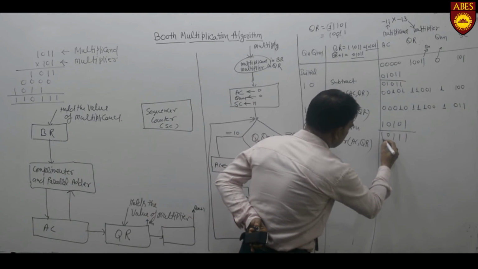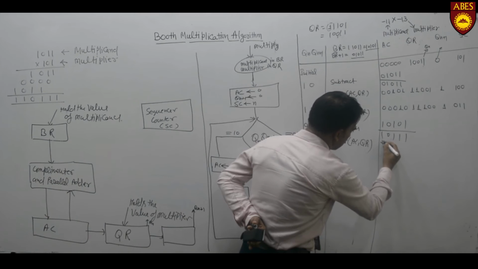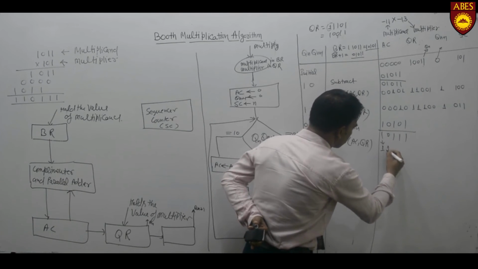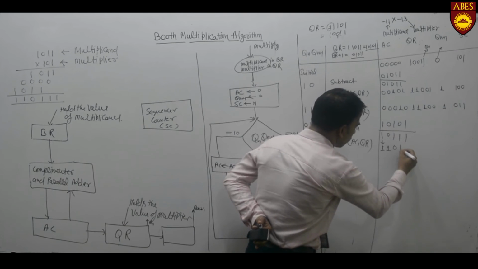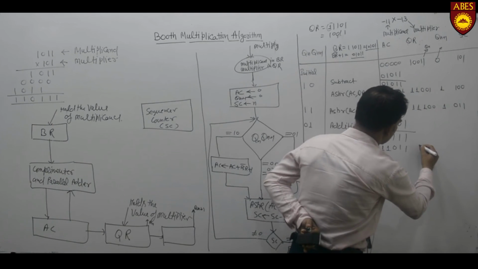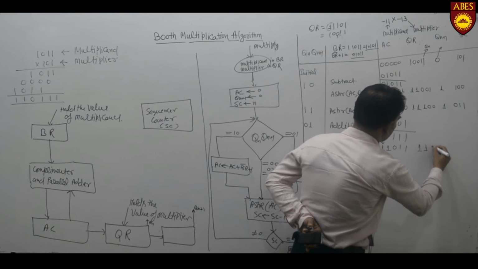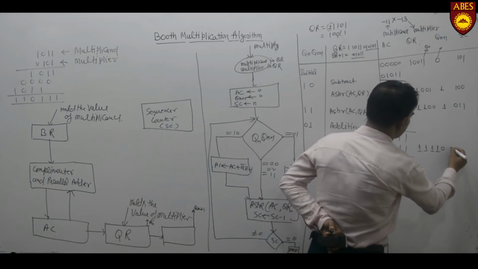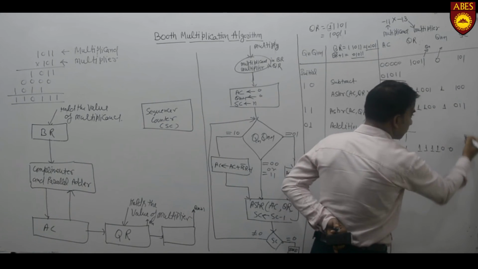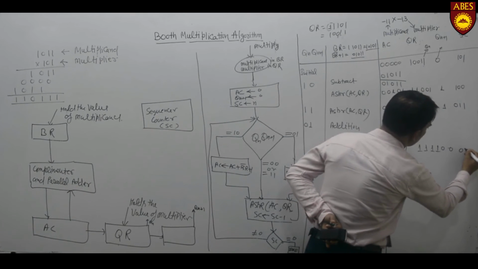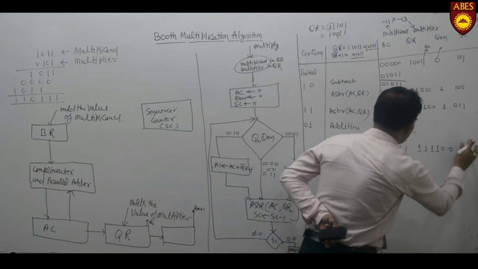So we leave the sign value unchanged. This will be 1, this will be 1, 0, 1, 1. This 1 will shift in here, and 1, 1, 1, 0 and 0, and decrement the value of the sequence counter: 0, 1, 0, which means 2.